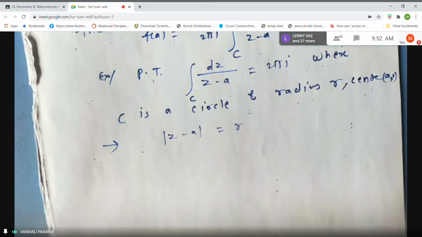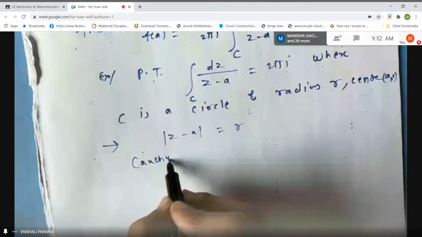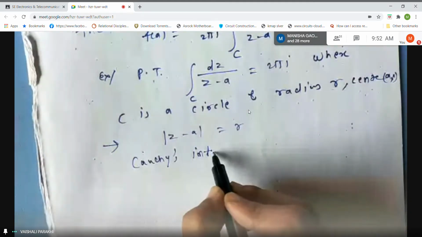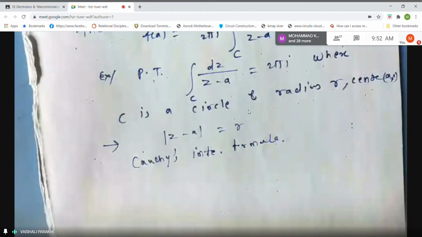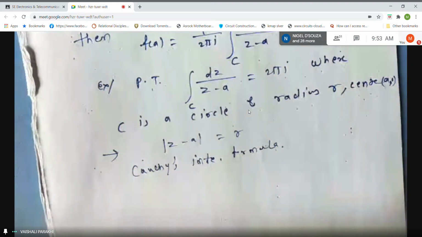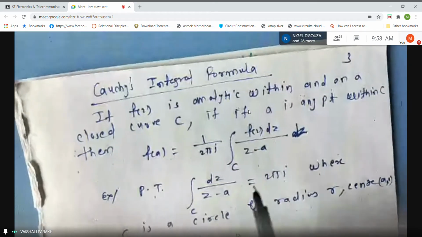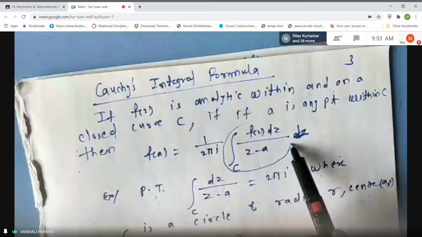Now what are we going to do? We are going to write Cauchy's integral formula. Using this formula, what do we get here? We are going to evaluate this integral, students.